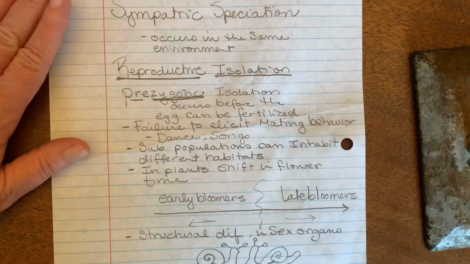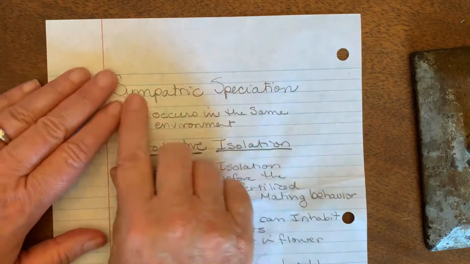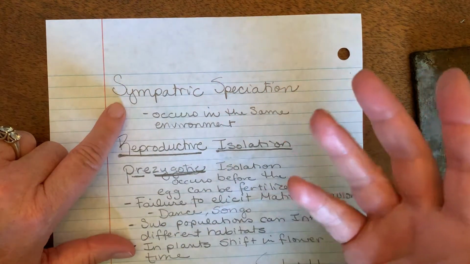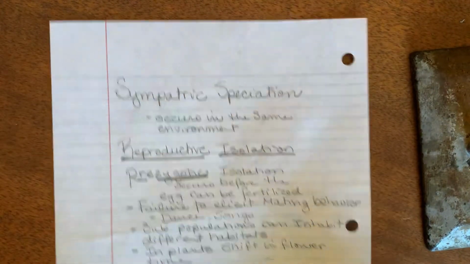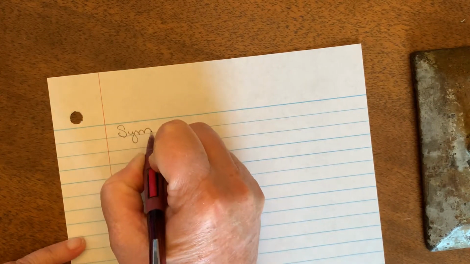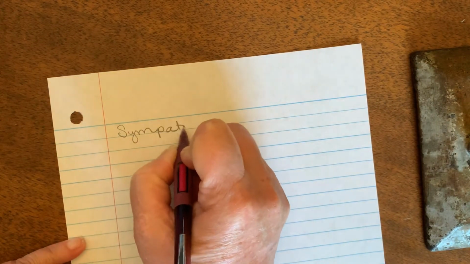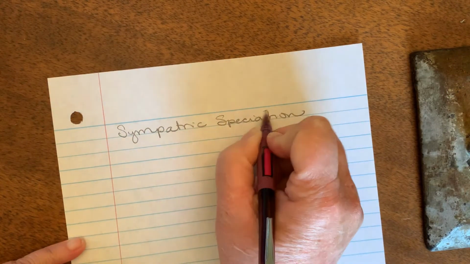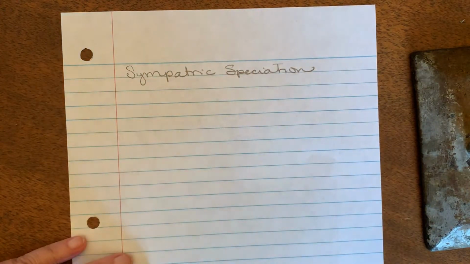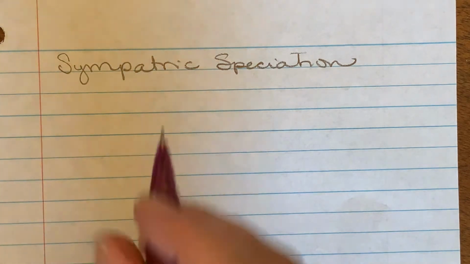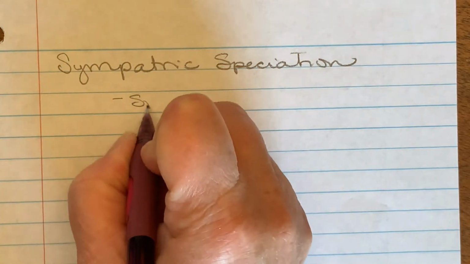Today we're going to move into what's called sympatric speciation. And I suppose I can rewrite this so that you feel like we're doing it together. So sympatric speciation is where a speciation event is going to occur in the same environment.